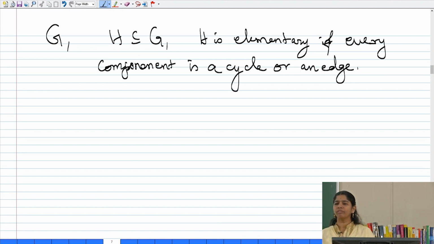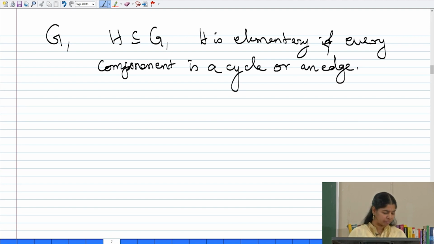So, every component of the subgraph is either an edge or a cycle; we permit only these. Do not ask me that a cycle also has edges; we mean components are just singleton edges, like an edge on two vertices. No other components are permitted here.